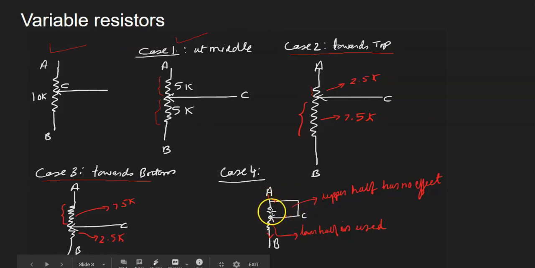So you can think there's a wire between this and that, and because this is like a short, this resistance will play no role in your circuit diagram. So by adjusting the center tapping, you will get a different range of resistance at the bottom. In this type of configuration, only the lower half of the resistor is used.